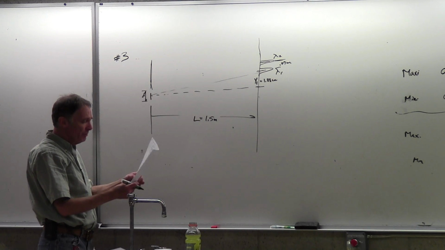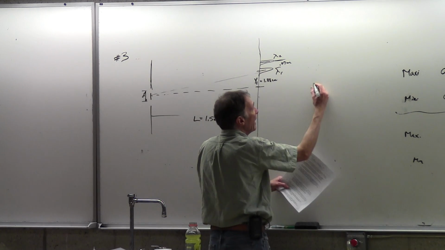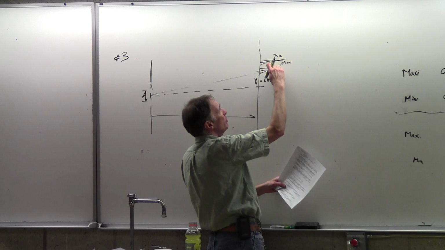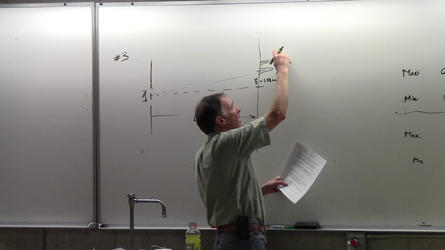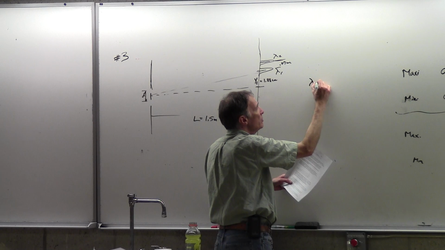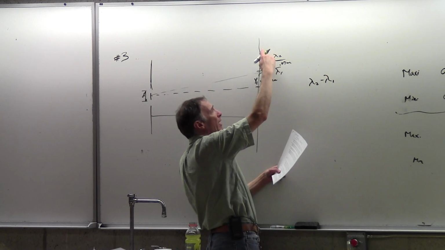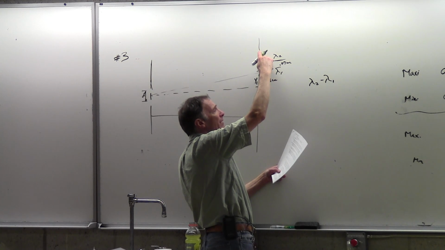Okay, and he says the 2 colors differ by 100 nanometers. So that is that lambda 2 should be a longer wavelength. So lambda 2 minus lambda 1. The one that's further out is actually got a longer wavelength.